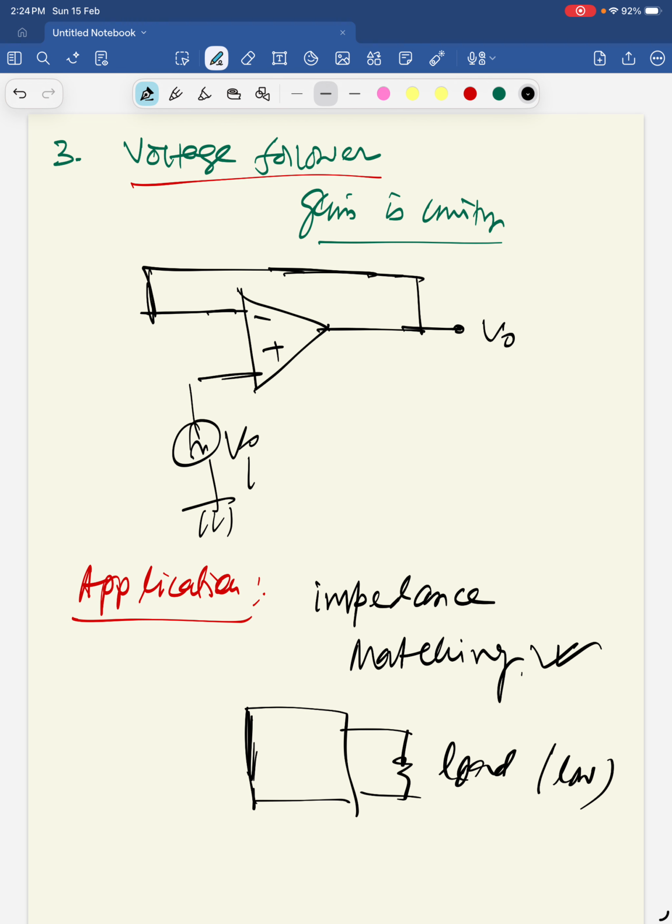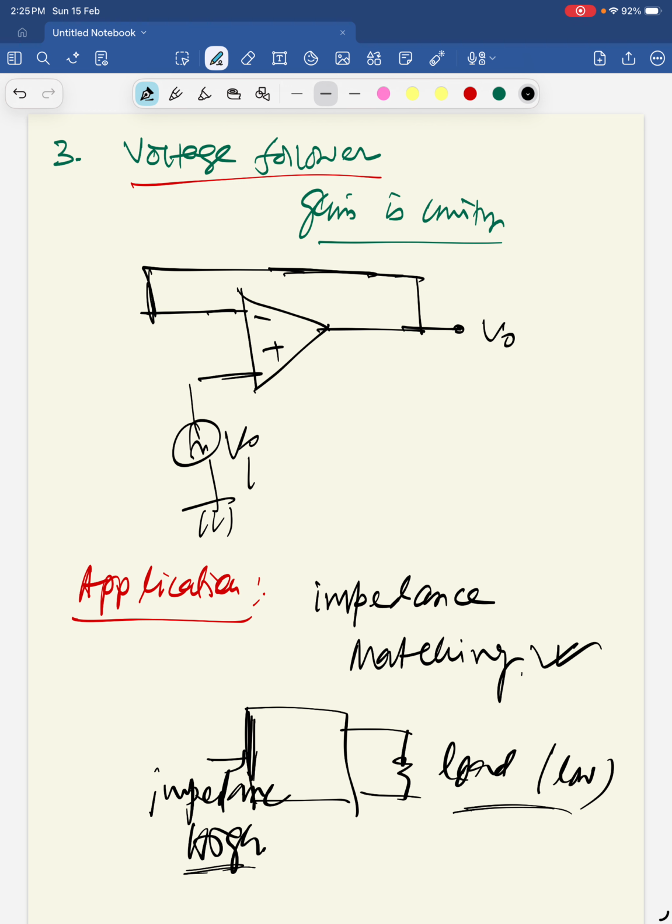And suppose the source impedance on this side is high. In this situation, we use this buffer circuit, the op-amp circuit, because we know that maximum power transfer is delivered to the load if the internal resistance is the same as the load resistance. But in this case, this is very low and this is very high, so the impedance is mismatched here. Now if we use this buffer circuit in between the load and this source, then what will happen?